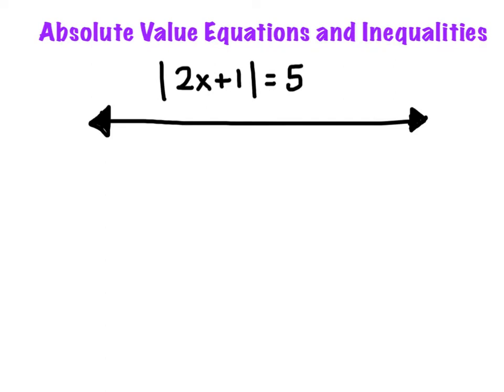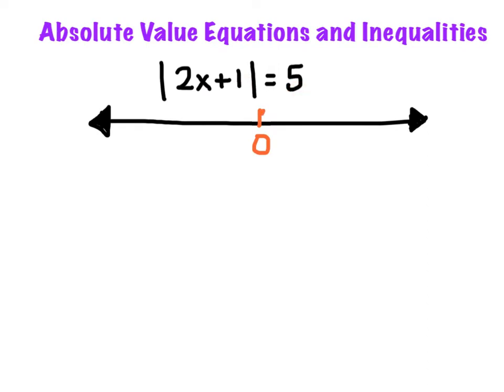Anyhow, for the past couple days, we've been solving absolute value equations. And I just want to look at one again. I want to remind you that what this is saying is this distance in here is going to be 5 from 0.